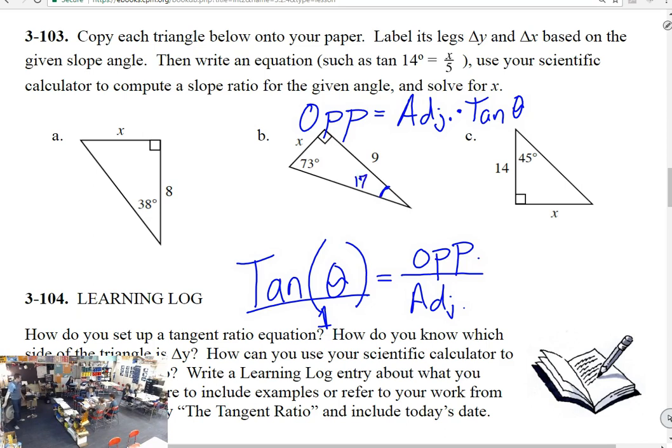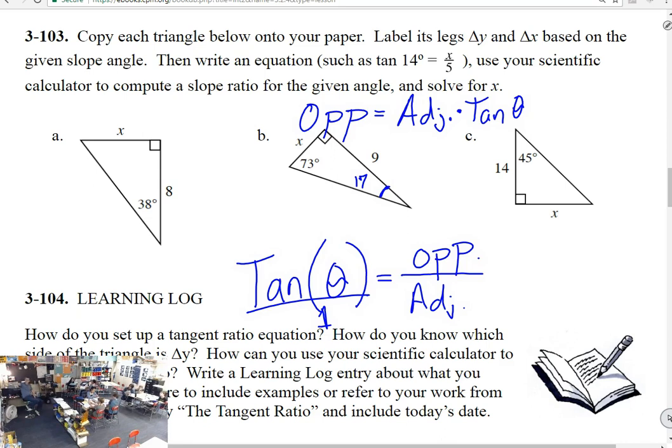So grab your calculator again. Hit 9, tangent, of course, 9 tangent 17, and close your parentheses, because sometimes it'll group it up if you don't. And what do you get? That ugly length number that we just found.